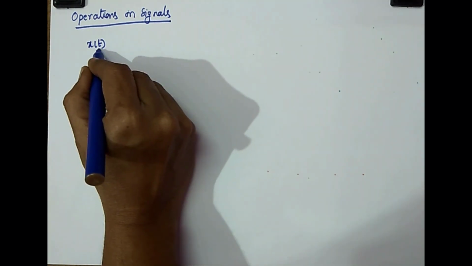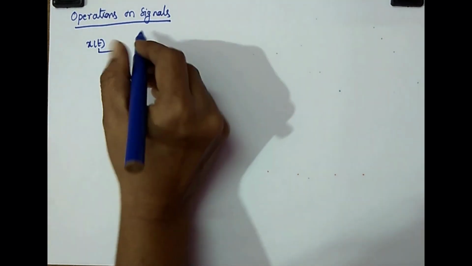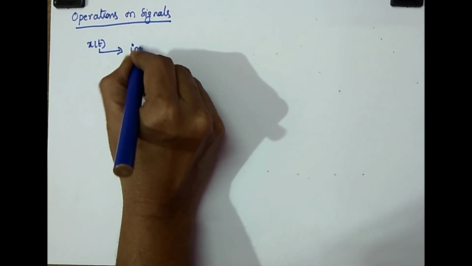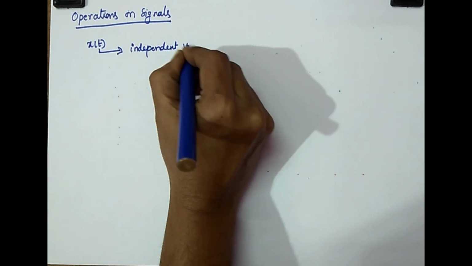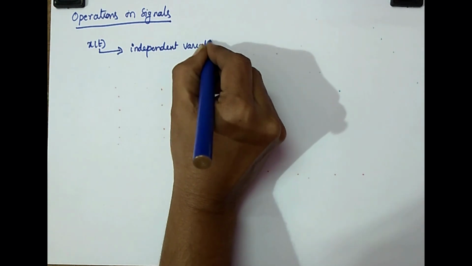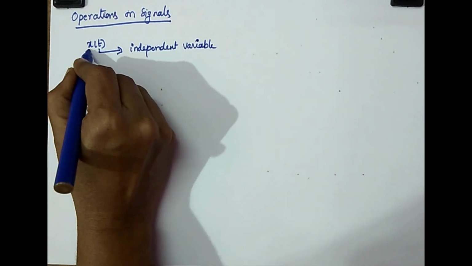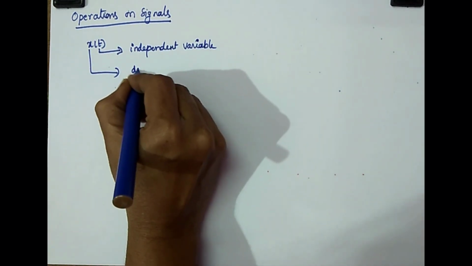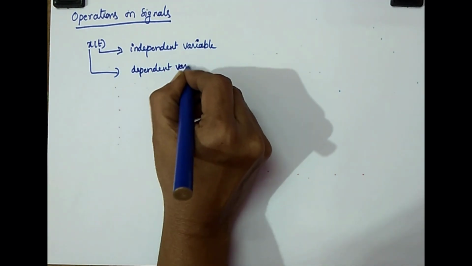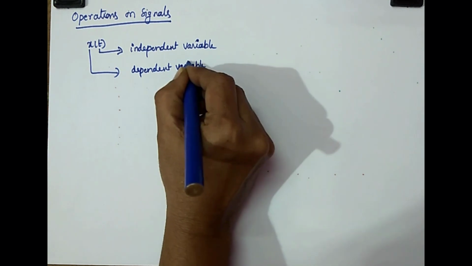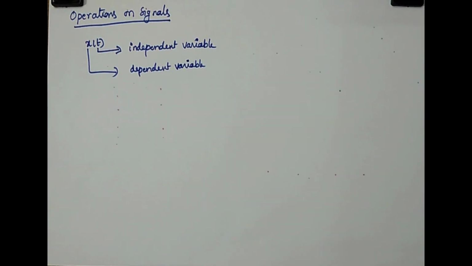In this representation, this variable t is the independent variable, and this variable is the dependent variable. So now you can do operations on the independent variable as well as the dependent variable.